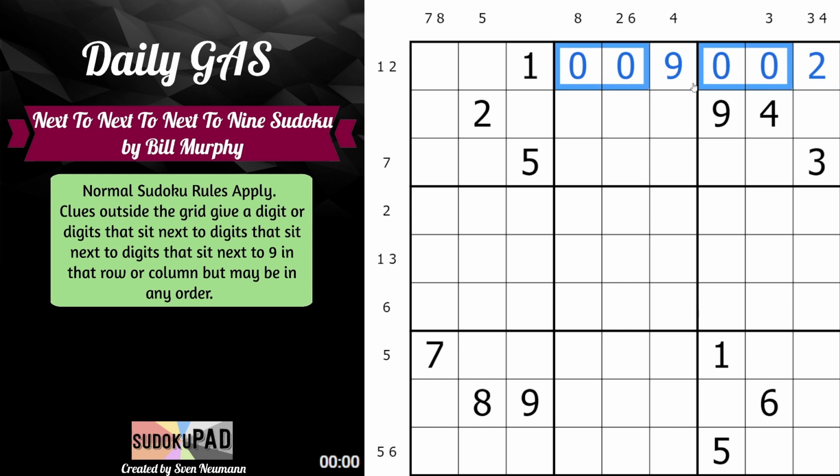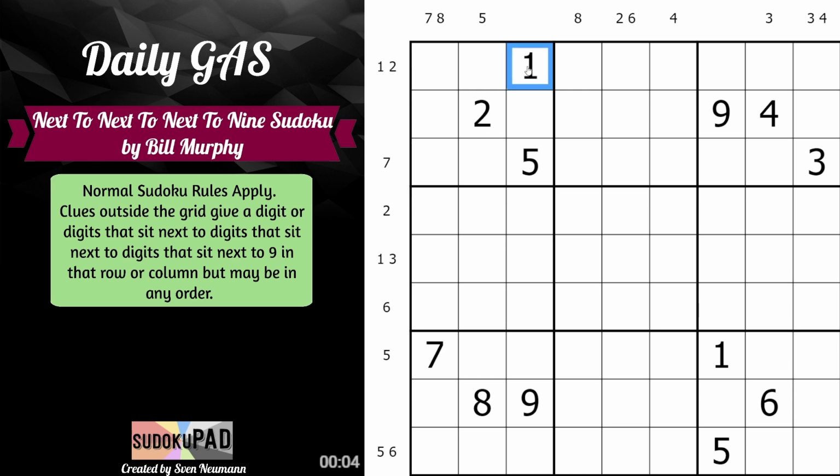These could be any other digit, but we would have the 1 and 2 next to the digits that are next to the digits that are next to 9. Hopefully that makes sense. Those are the rules. Let's just jump right into it.